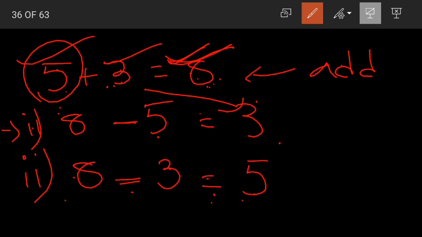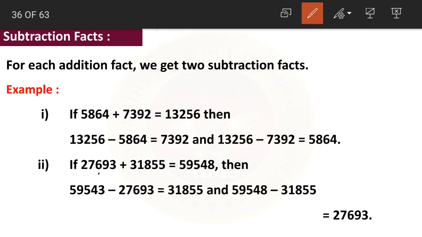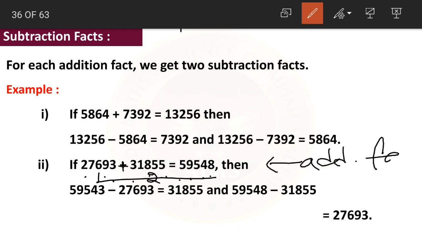Clear? Simple, right? Now let us take another example and understand. Now see, this is addend 1 and addend 2. 27,693 plus 31,855 is equal to 59,548. What is this? This is addition. So this will become our addition fact.